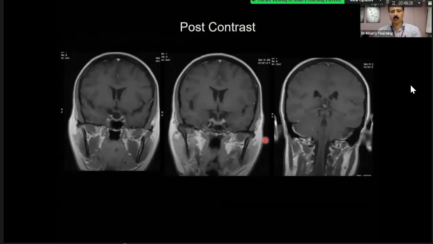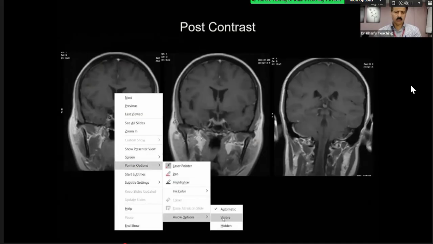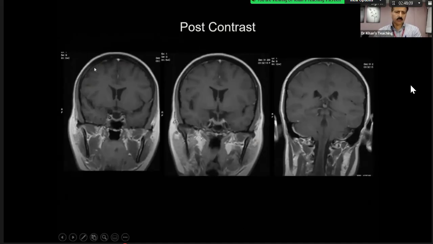On a coronal sequence, for example, this is a coronal sequence. If you see here, look at the dura. Let me change. So if you see this dura here, it does enhance.